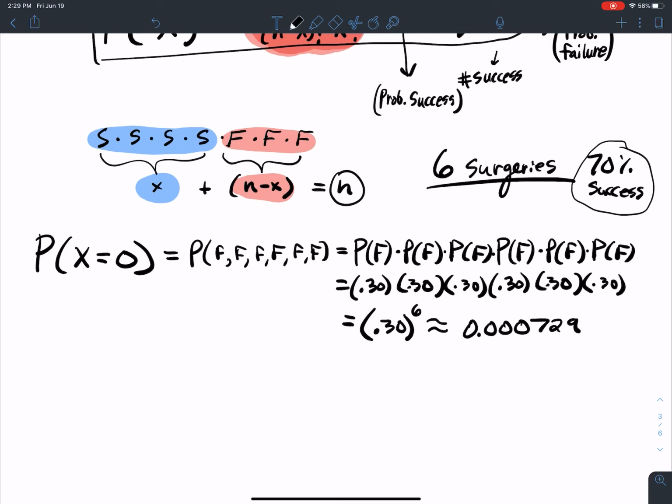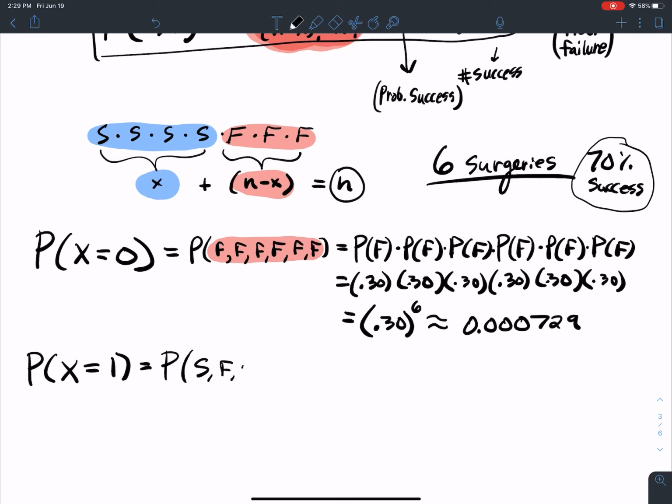Now, there's only one way to get all 6 failures, right? Now, say I wanted the probability of success equal to 1. So there's 1 success. So maybe this is a success and then fail, fail, fail, fail, fail. That's a bad day, right?